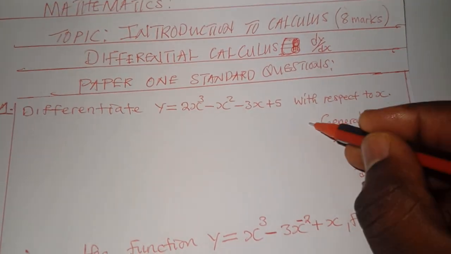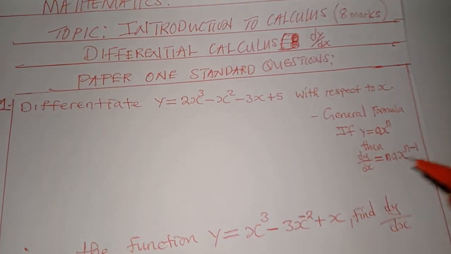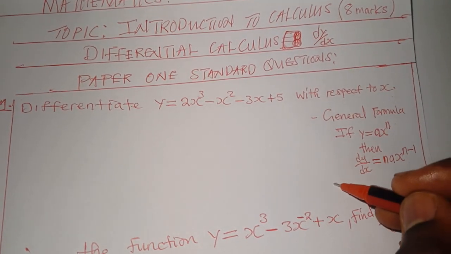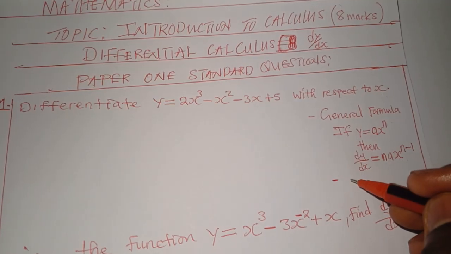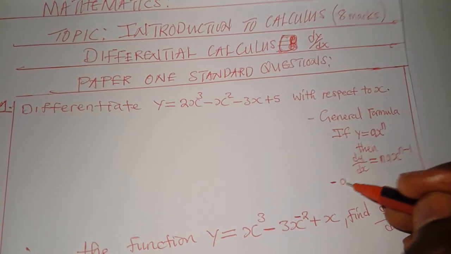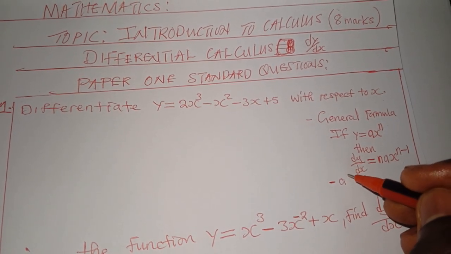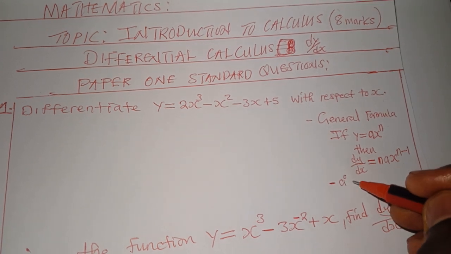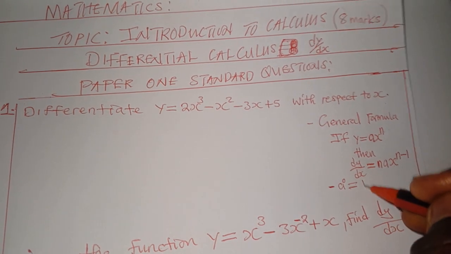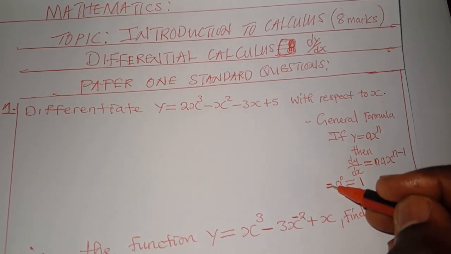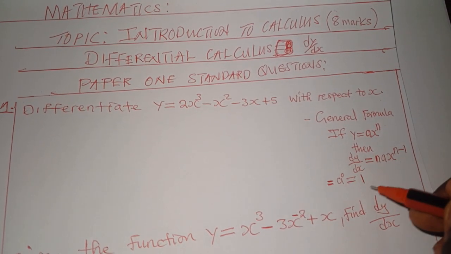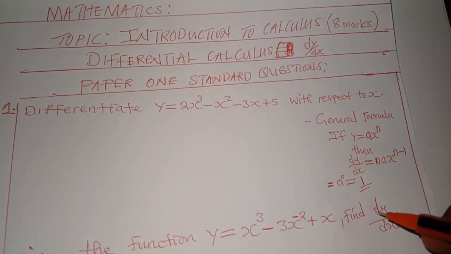Also, you need to understand that any positive integer raised to the power 0 is 1. That is a to the power 0, you get 1. So any number to the power 0, the answer is 1.